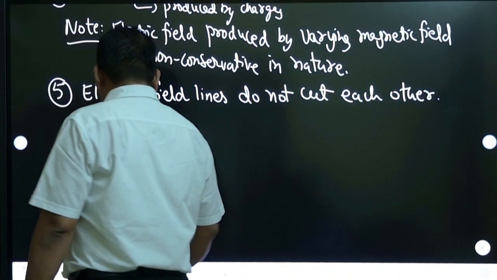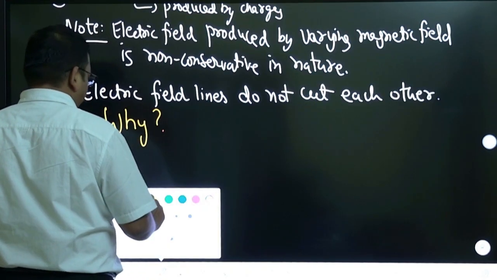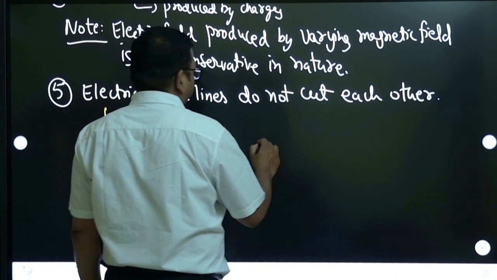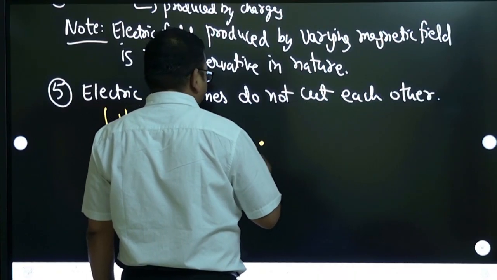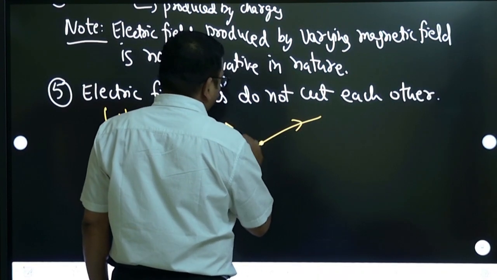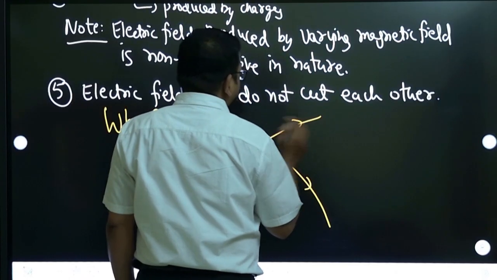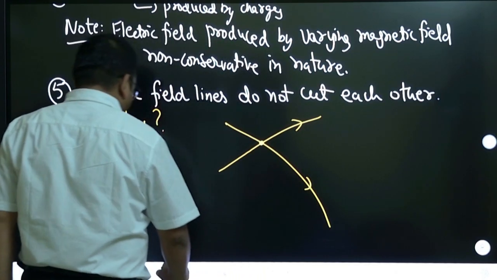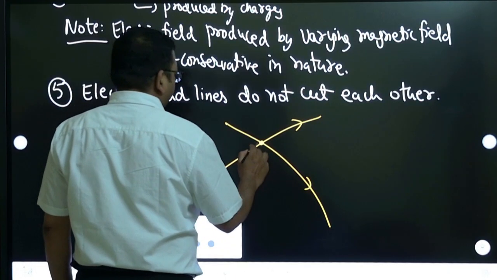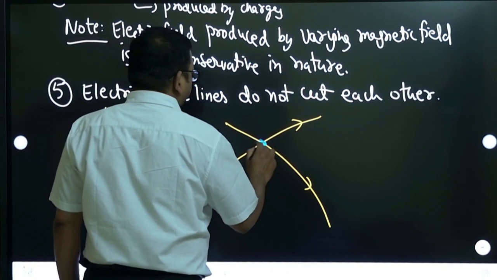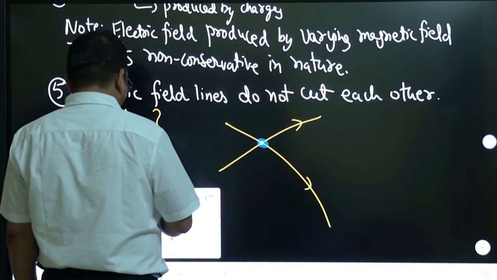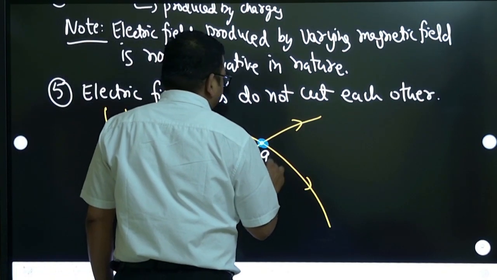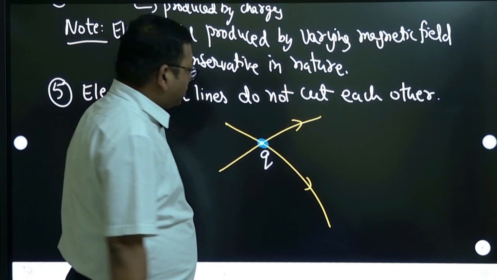Let us say electric field lines are cutting at this point, suppose one electric field line is going like this and another field line is going like this. Now suppose you keep a test charge here.